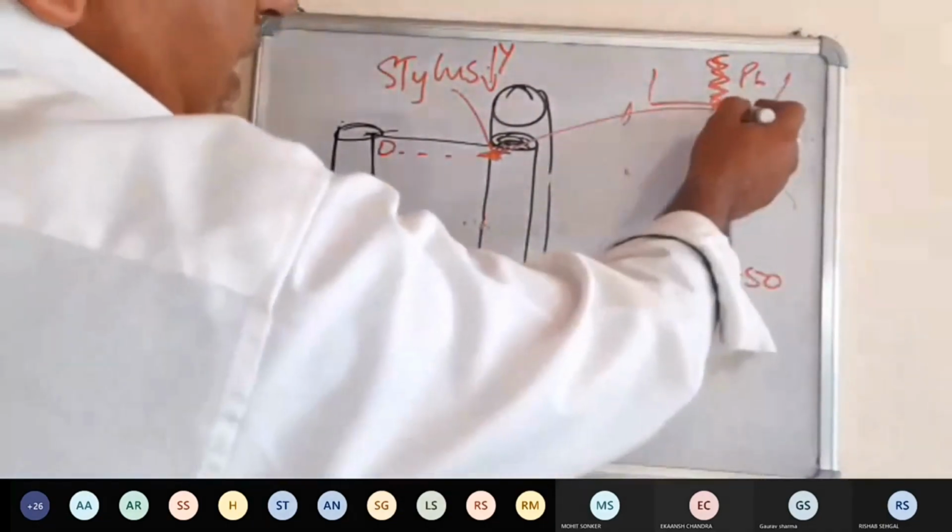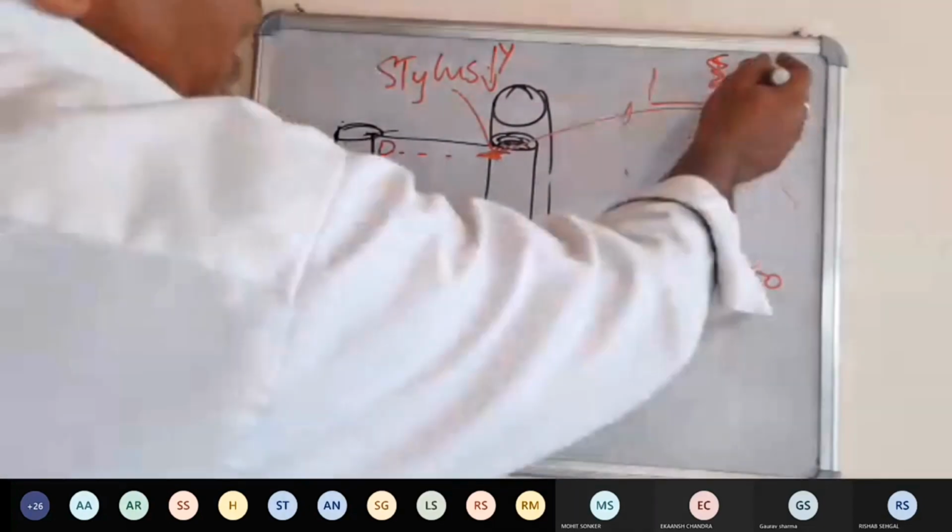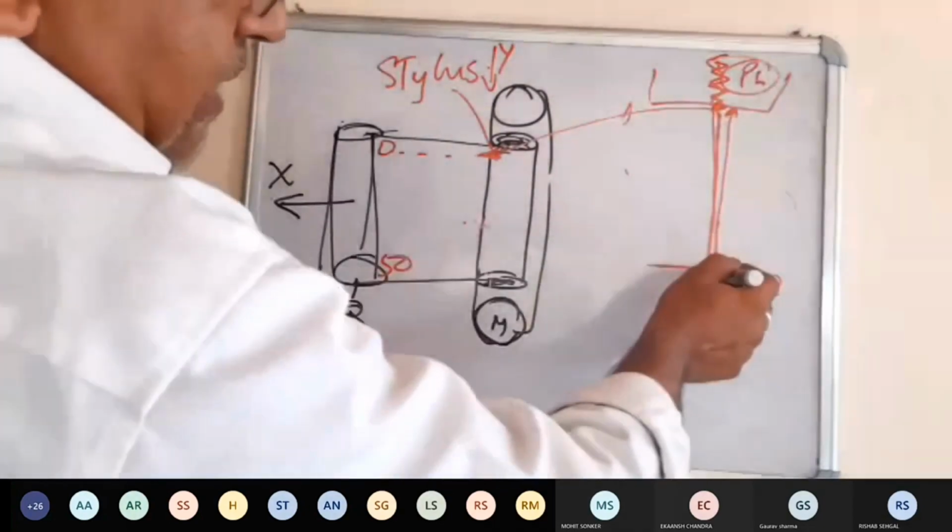The echo is going back here. So the pulse, how much distance has it traveled?